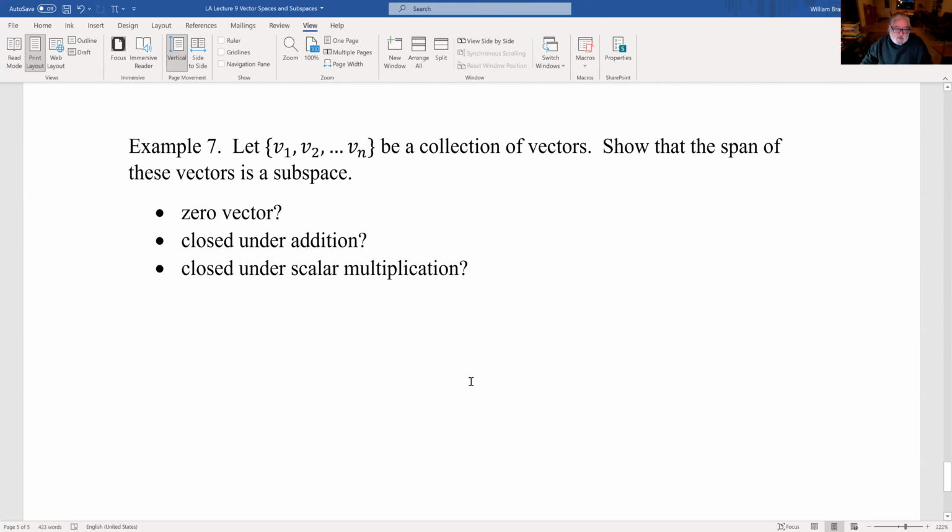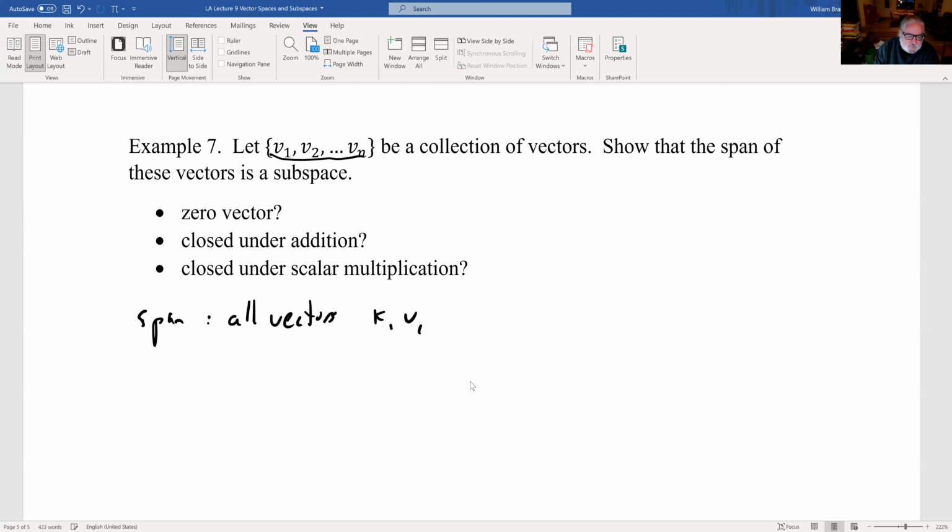A really important example about subspaces is that the span of a set of vectors is a subspace. And in fact, what we'll see in the next lecture is that every subspace is the span of some vectors. Remember that the span of this set is all linear combinations of those vectors.